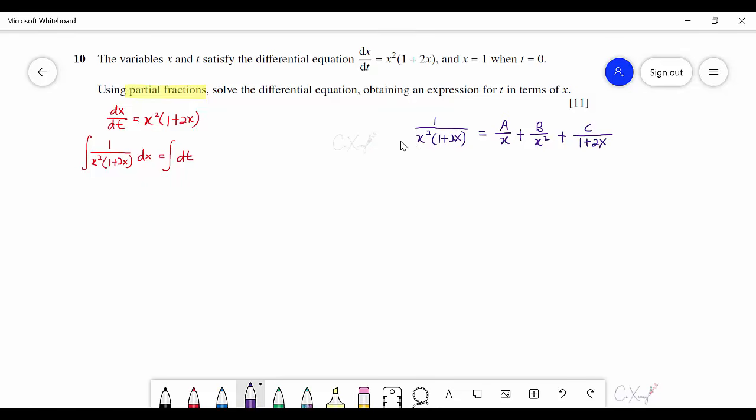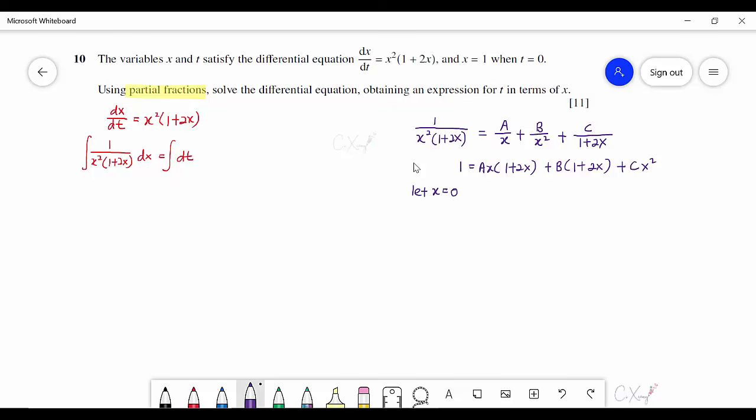All right, then I multiply the whole equation with the denominator on the left. So I'm having 1 equals ax times 1 plus 2x, plus b times 1 plus 2x, plus cx squared. My aim now is to find all the values of a, b, and c. To find them, first I will let x equals 0.